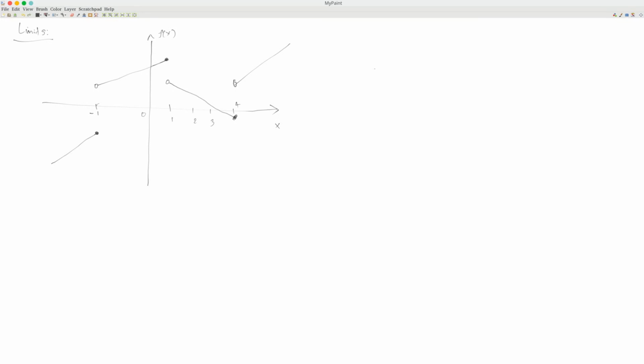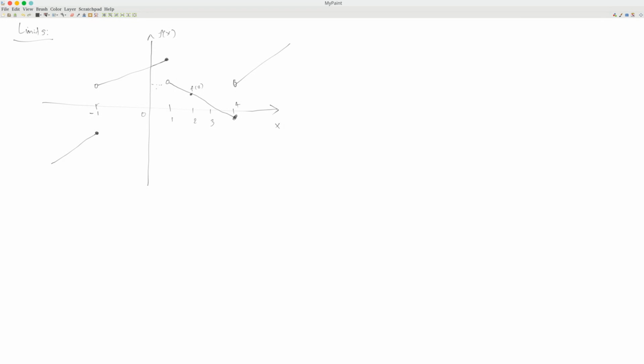Now, if we wanted to know the value of the function from algebra, it's quite obvious the value of the function at 2 is right there. It's well defined. This is f of 2, whatever that number might be.